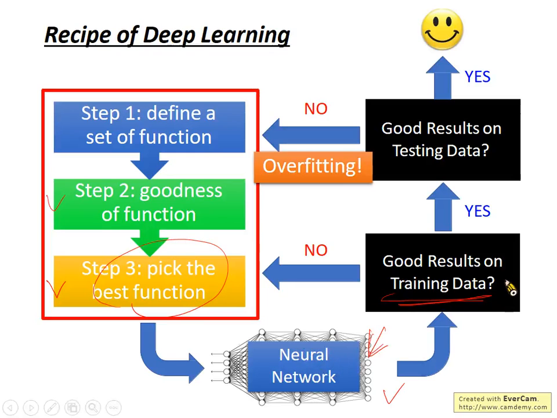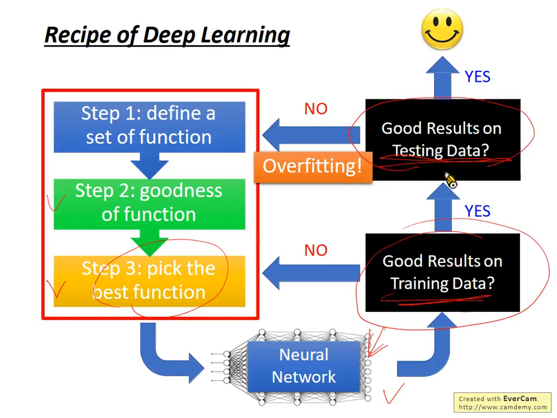If we already have good results on training data, then we have to check if we have good results on testing data. If not, that means we have good results on training data but bad results on testing data. That is the so-called overfitting.